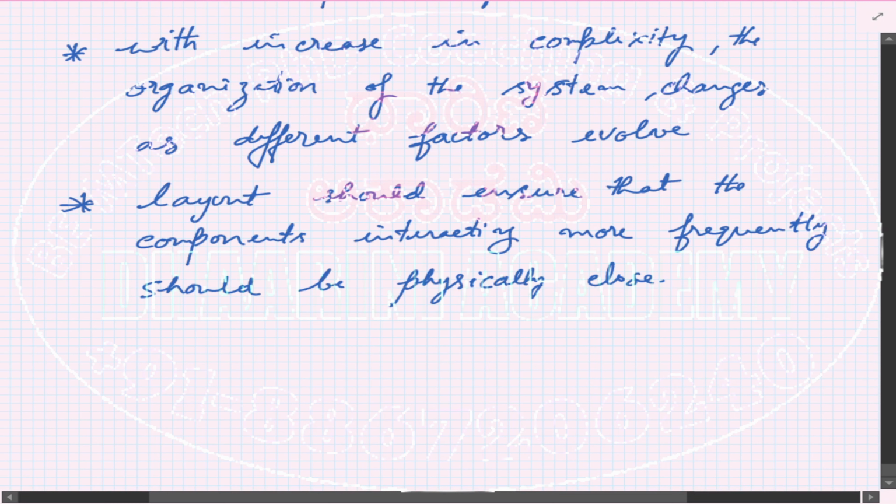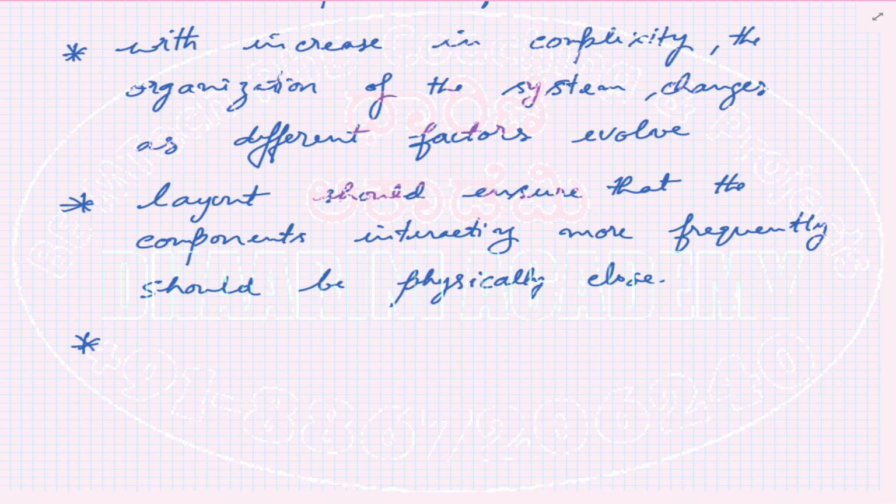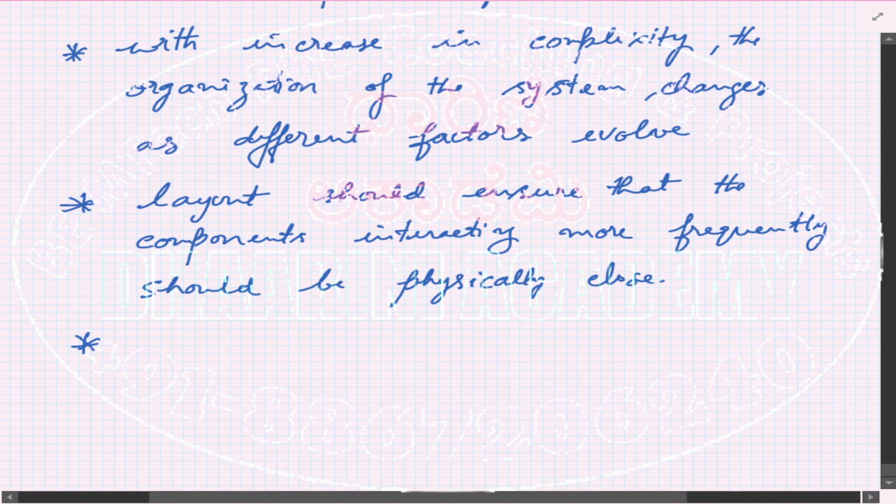Okay, why? It's obvious because when you don't do this, you need longer wires, longer interconnects, which results in more resistance, more magnetic field, and these wires will affect the working of the other components as well. Just to avoid that, you have to follow this.